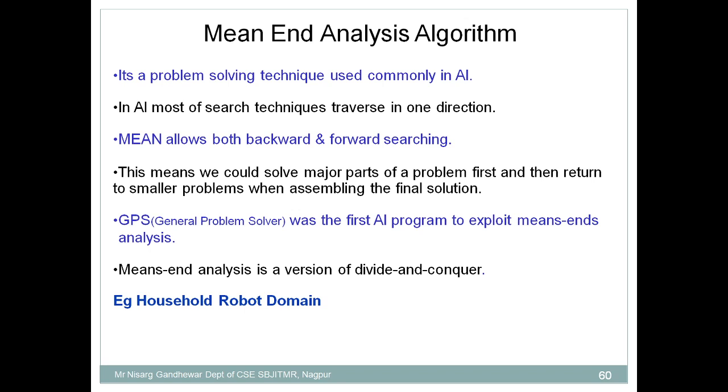Similarly in means-end analysis, we divide our problem, but in this case we first try to solve a major part of the problem, and then we return to the smaller problem, and finally we combine the solutions of both to get the final solution. This technique was invented in 1960, and GPS, the General Problem Solver, was the first AI program to exploit this search technique.